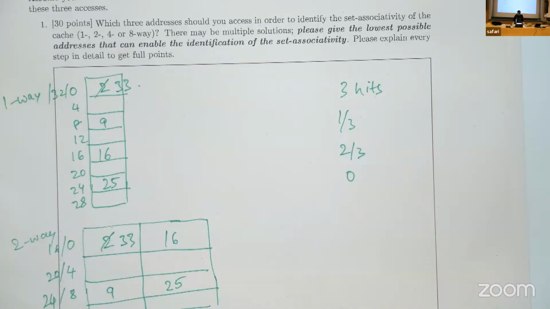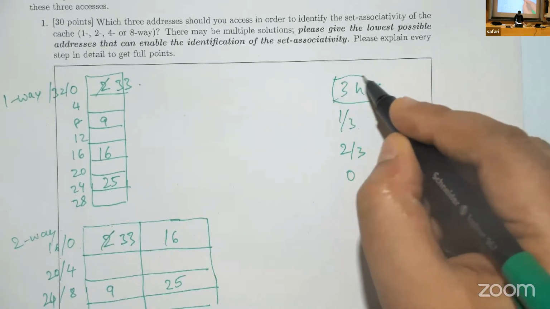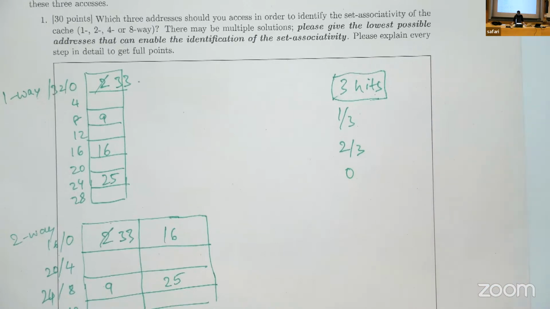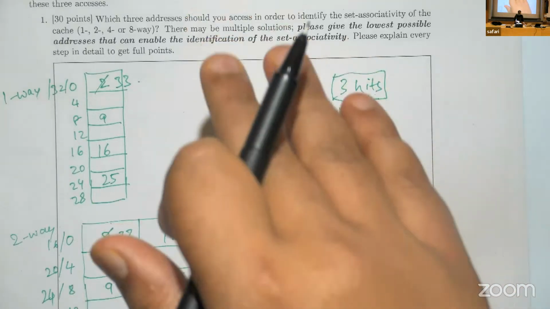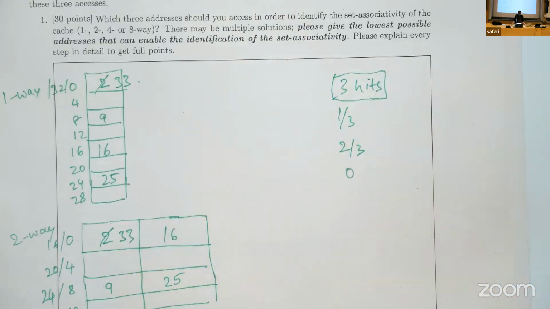And considering that you need to have 3 hits in one of the associativities, the trick is to find 3 addresses which are already accessed in the initial 5 addresses that the application accessed, so that you will always have a hit.